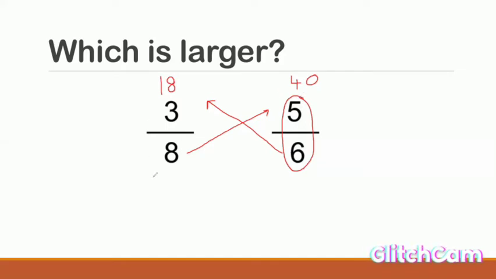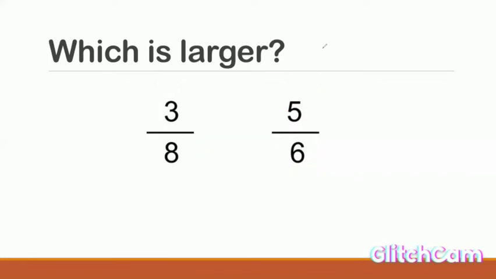In the first fraction, the denominator I have multiplied by the next fraction's numerator, denominator into numerator. The same thing I have done, the first fraction's numerator I have multiplied by the second fraction's denominator. So according to this, my larger fraction is 5 out of 6.